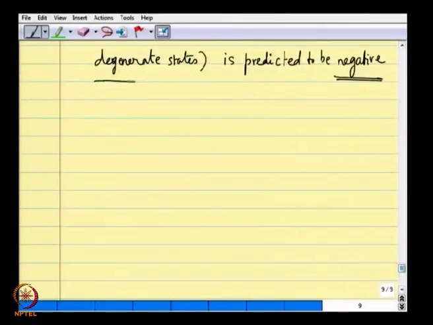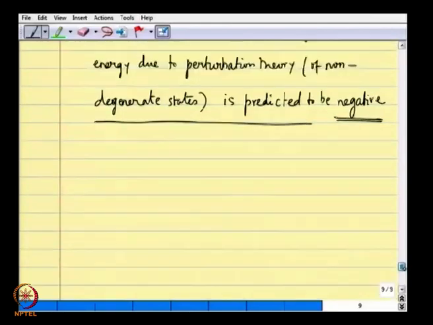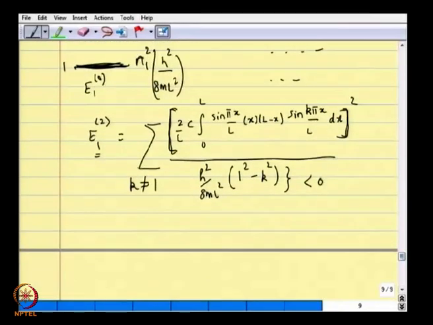So, this correction term that you have for the second order to the ground state energy, again this integral is something that you can calculate, and you see that it involves sin pi x and sin k pi x, where k is not equal to 1, and it has the perturbing term x into L minus x, the coordinates.